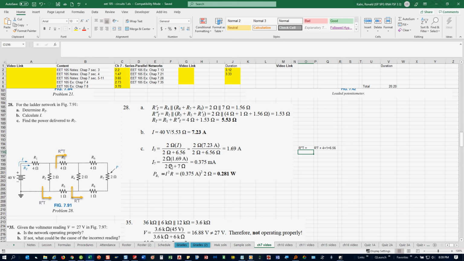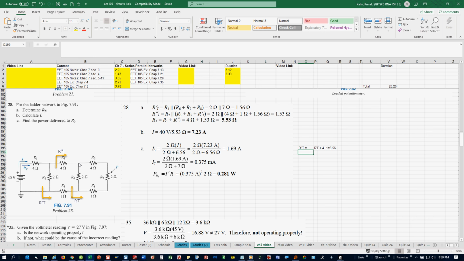So we're going to take I times R2 divided by R2 plus R triple prime t. And when you do the math, you get 1.69 amps.